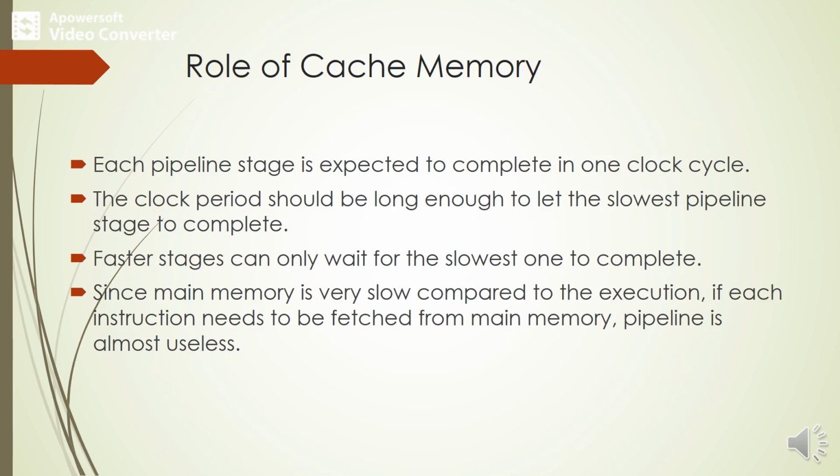The use of cache memory solves the memory access problem. Since the size of main memory is large, main memory is very slow compared to the execution. If each instruction needs to be fetched from the main memory, we cannot make use of the pipelining concept.